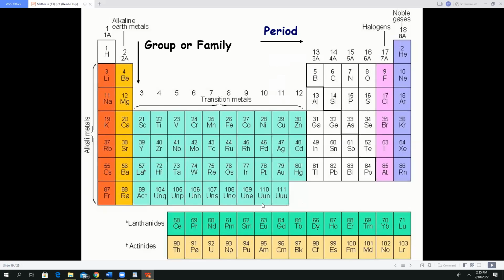And then the whole thing on the bottom, both of these rows are called the rare earth metals or inner transition metals. The top row is called the lanthanides, and the bottom row is the actinides. Okay, so we looked at those already, but we're just going fast.